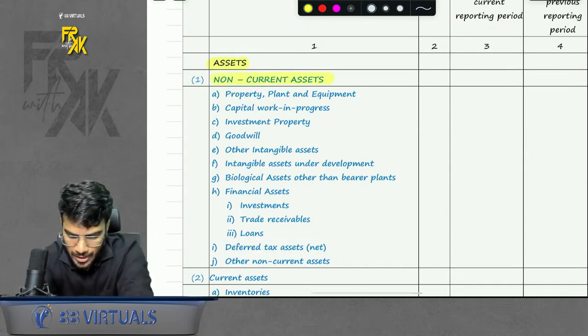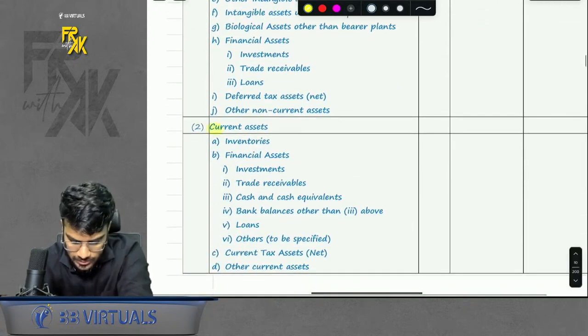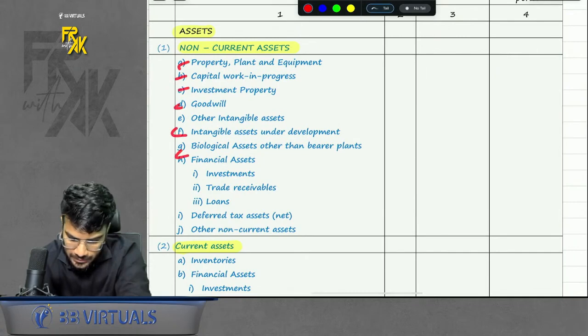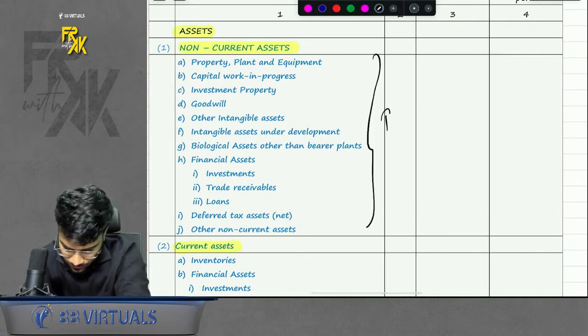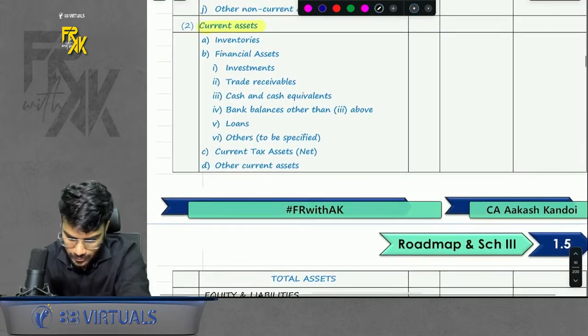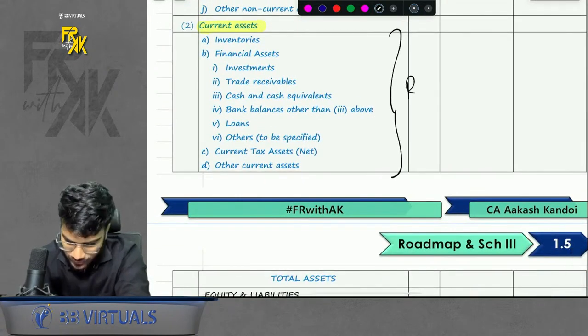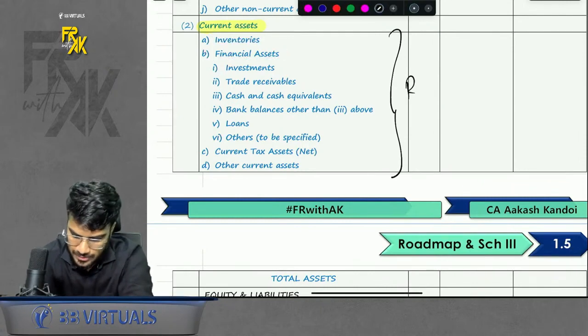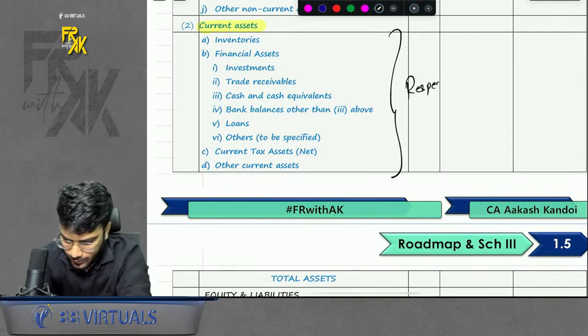It has two categories: non-current assets and current assets. Under non-current there will be many elements, but this discussion will be done under the respective IND AS. Why inventory will fall under current, what about financial assets, these categories will all be discussed under the respective IND ASs.